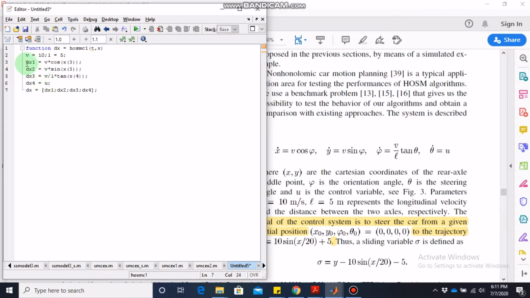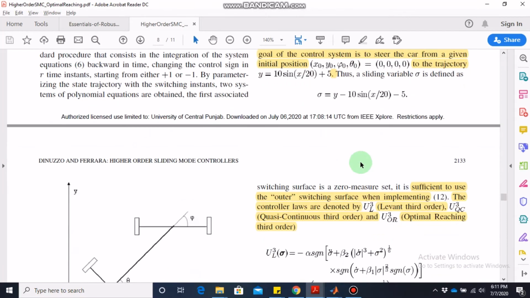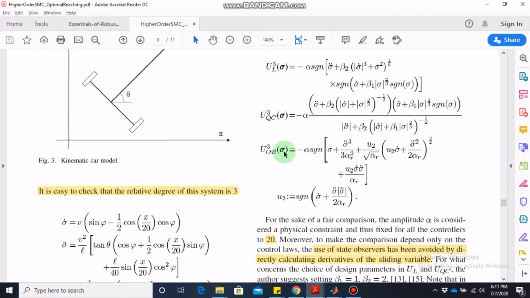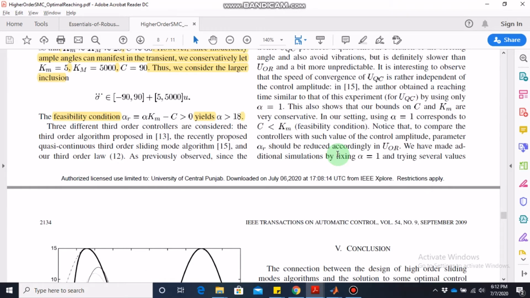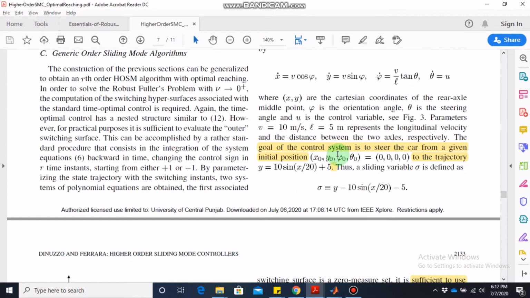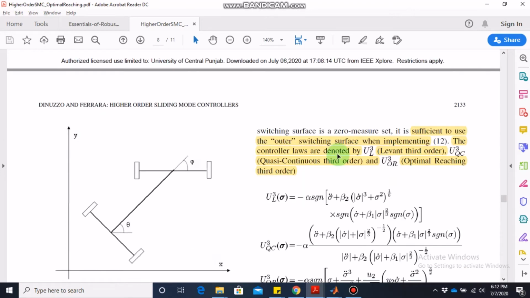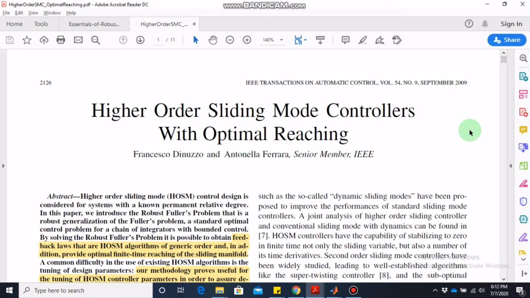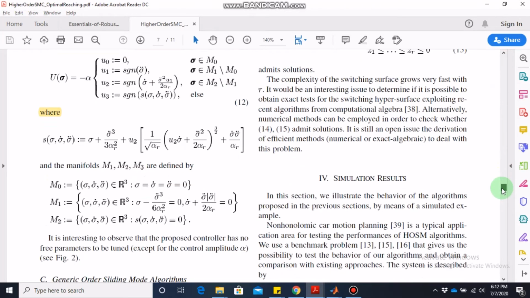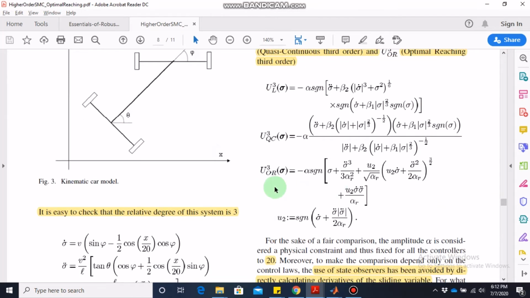So u will be our sliding mode control, which is given here. So this is the control law that the authors have proposed. This is the higher order sliding mode control with optimal reaching. So you can see subscript OR is for optimal reaching.